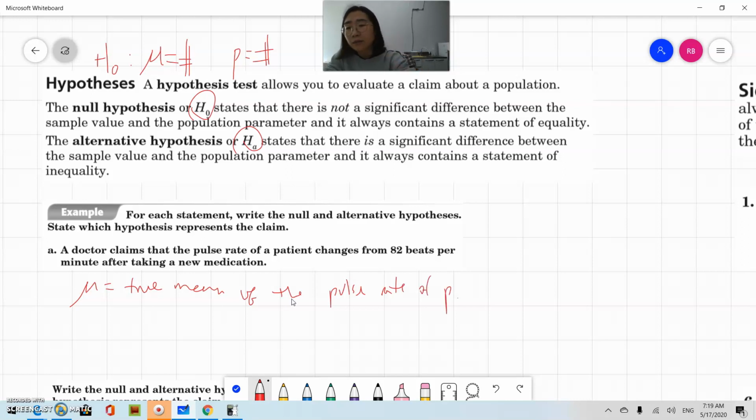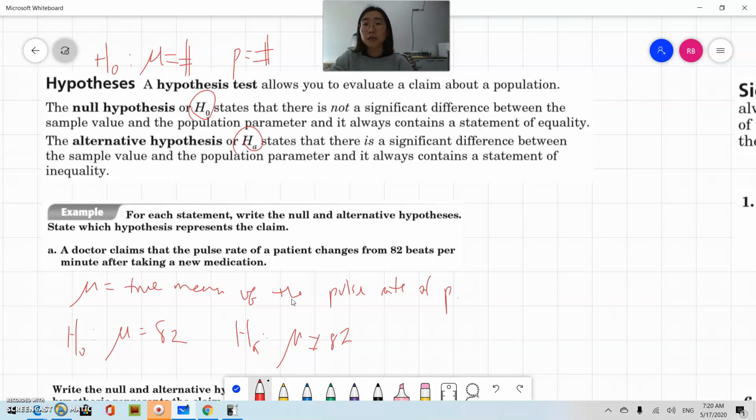Basically what we want to test is, is this 82, or as the doctor claims, is it not 82? Because the doctor is saying that this medication is changing the average beats per minute, but he doesn't indicate whether it changes positively or negatively.